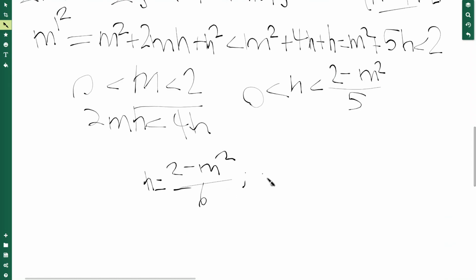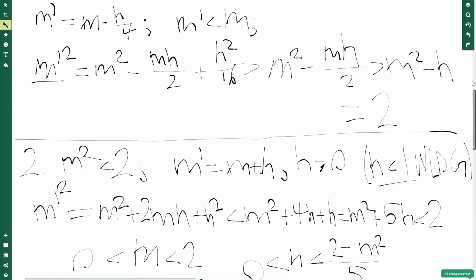So what's left to show is that this is actually greater than 0. In order to show that, there are a few ways of doing this, but I like doing it this way. So I'm going to write this as minus m squared over 6. It's an equivalent way of doing it.